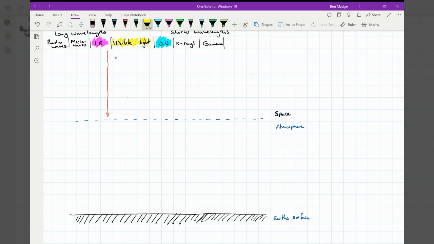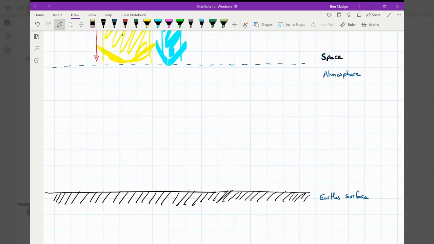We have visible light coming down, and we've got our UV radiation coming down as well. Now, the Earth's atmosphere has an ozone layer which is quite good at absorbing UV, so not too much of that gets through to the Earth's surface.